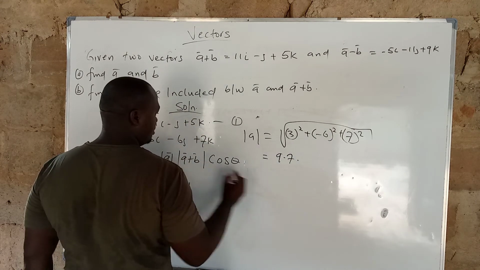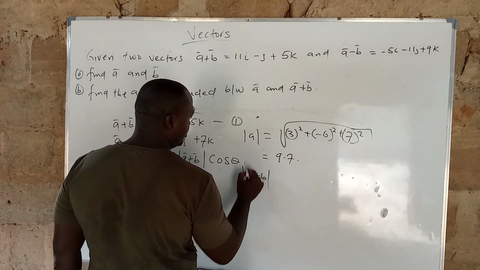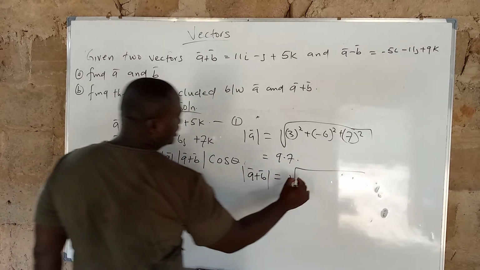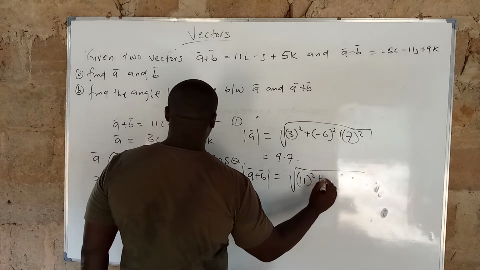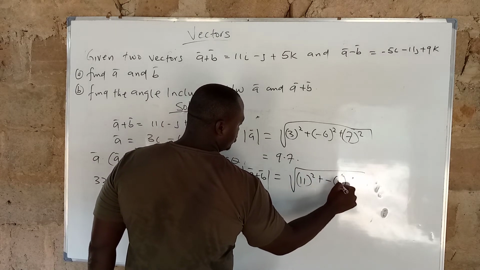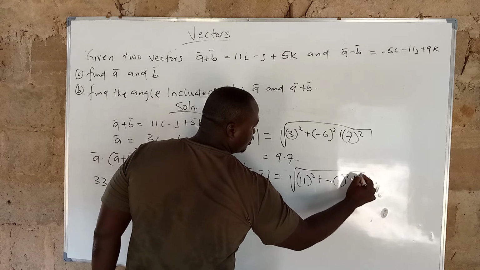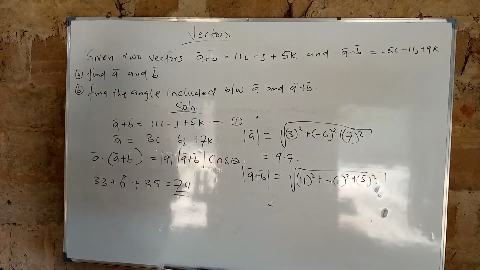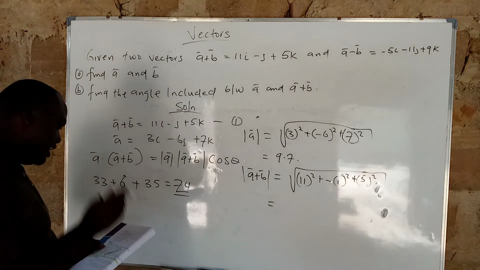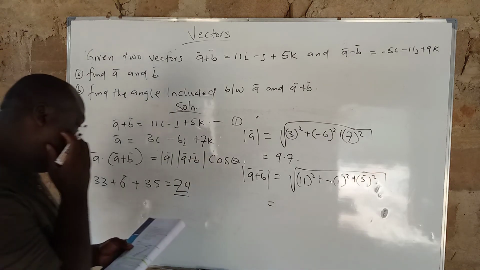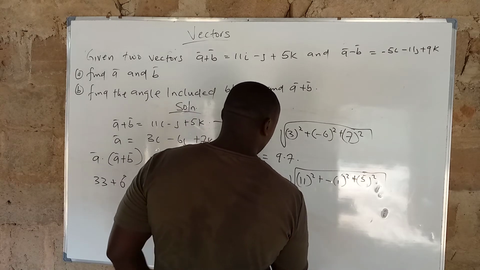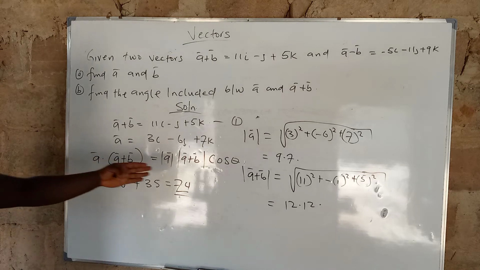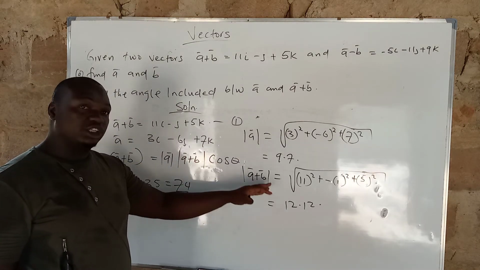Now the magnitude of A plus B is the square root of 11 square plus minus 1 square plus 5 square. If you do it well on your calculator, the answer you should get is 12.12.